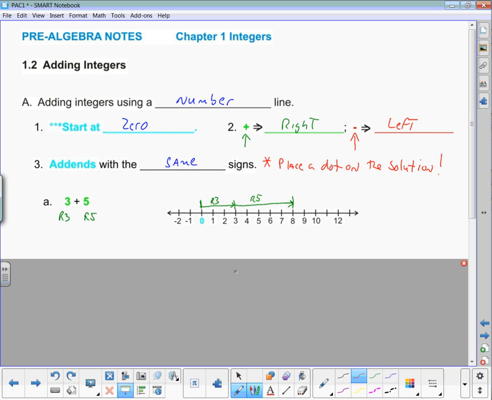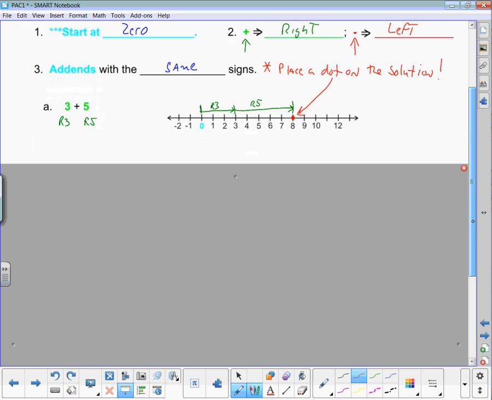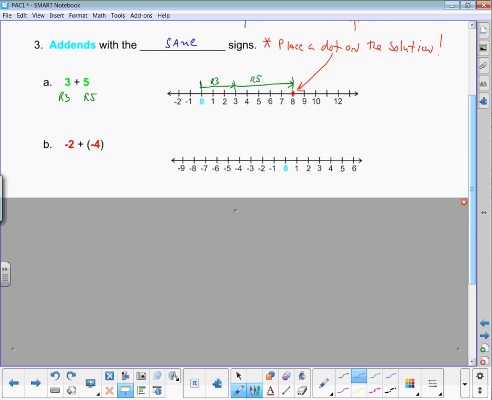And I'm going to take my red here, and now where you end up is the solution, and we ended up at 8. And so 8 is the solution. All right, again, make sure that you indicate the solution on the number line with the dot. Okay, that's pretty simple. You can do that, right? Easy. Adding on a number line is easy.